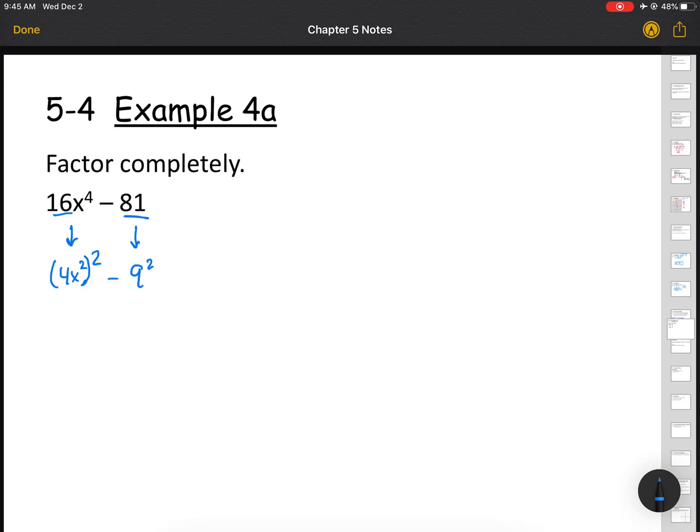And remember, for a difference of 2 squares, it's coming from inside those parentheses, those terms, so 4x squared minus 9, and remember my other one has to be a plus 9. Now, if I look here and see if I can simplify any of these down, 4x squared plus 9 can't, but 4x squared minus 9 can.